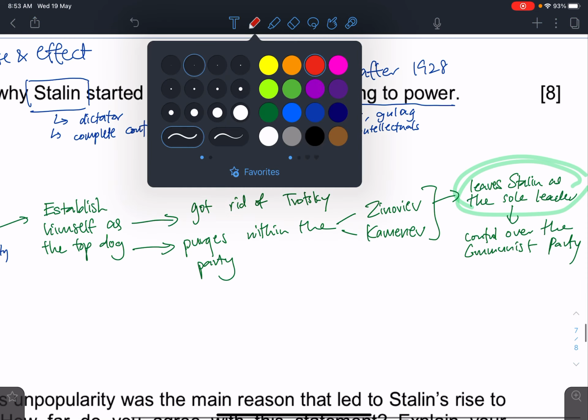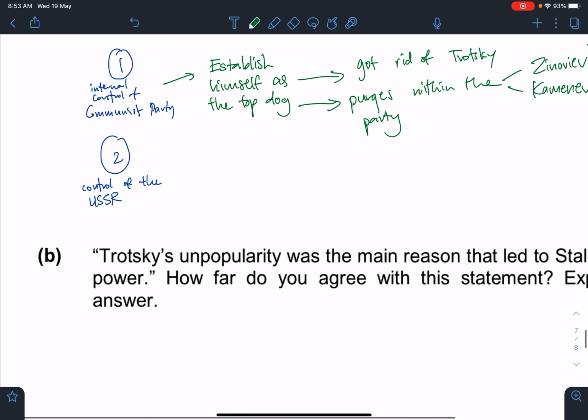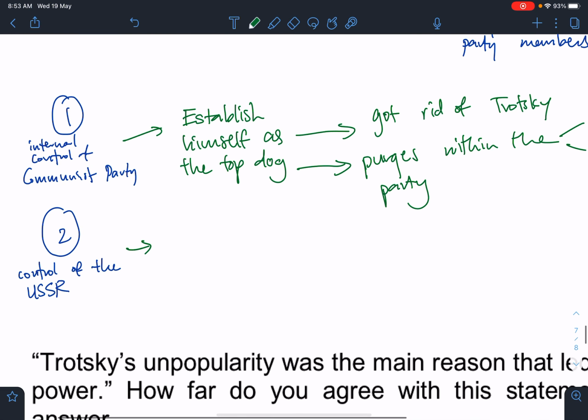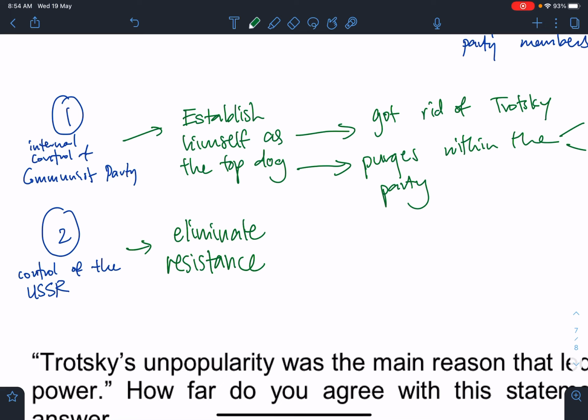Now, let's look at the next point, which is about the control of the USSR, right? So now I know I have purges, so what does he need? He needs to eliminate resistance. You notice that I do not write establish himself as the prime candidate or the most important person. Why? Because then I run the risk of having too similar a point.